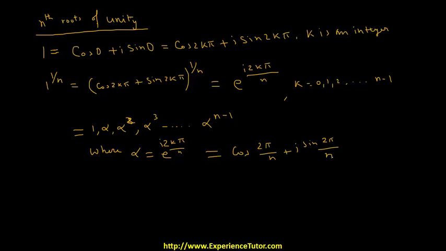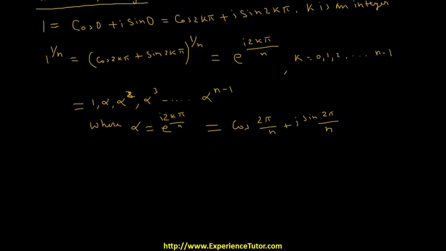Now we'll see a few of the properties. First property: nth roots of unity form a geometric progression with first term 1 and common ratio alpha.